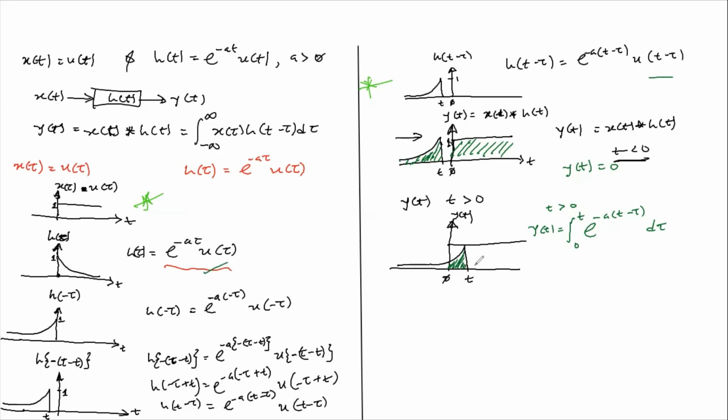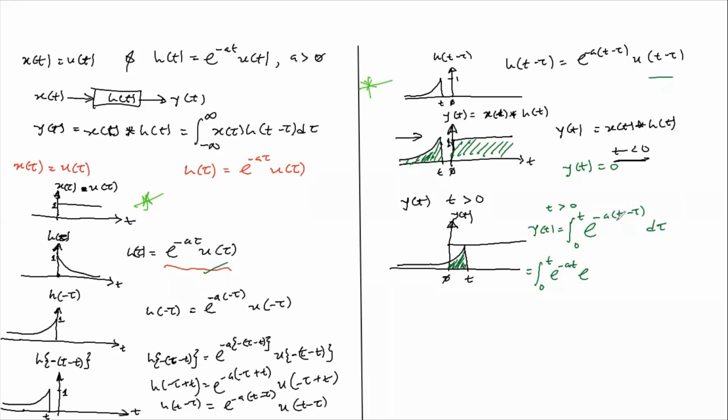So 1 times this is this. Now, when we integrate this, we're going to get 0 to t, so it's epsilon a. Let us expand this.